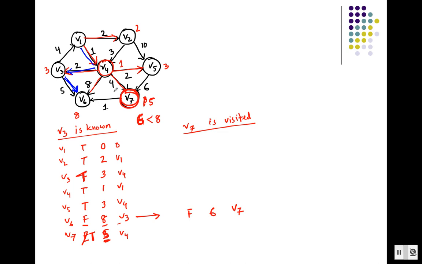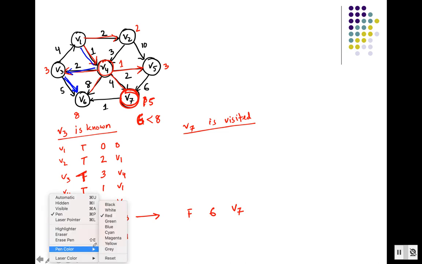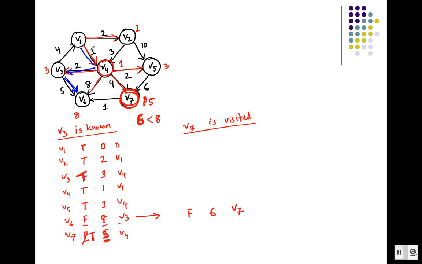That means now we are going to take the path, using a different color, say green. We go from v1 to v7 like this. First we go to v7, then we go to v6.